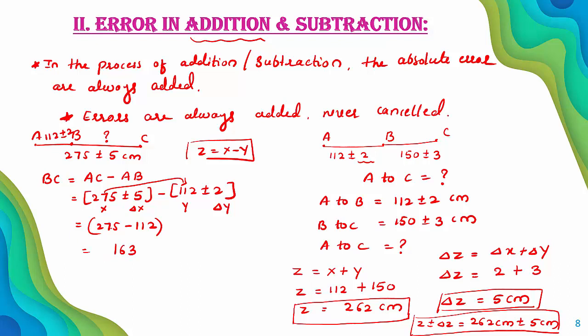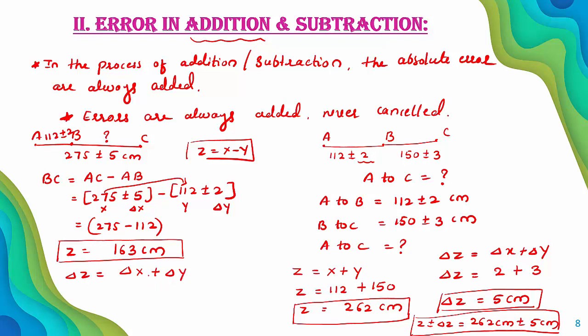Now we have to find error in Z. That means we have to take the values 5 and 2. Z equal to how much we got? 163 centimeter. Now delta Z equal to, for subtraction we can take delta X plus delta Y. Remember, errors are always added.